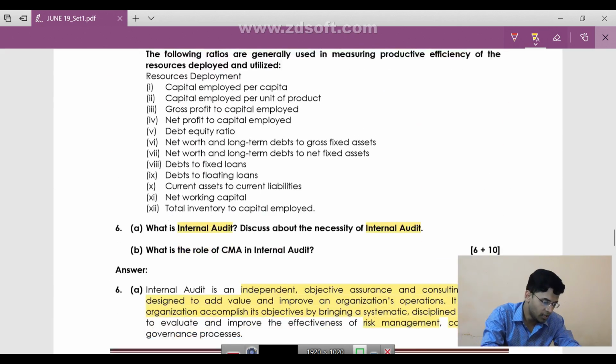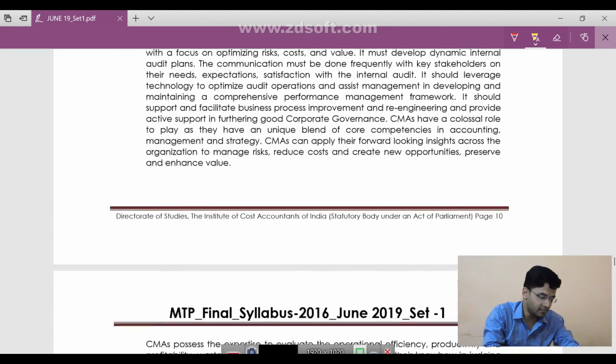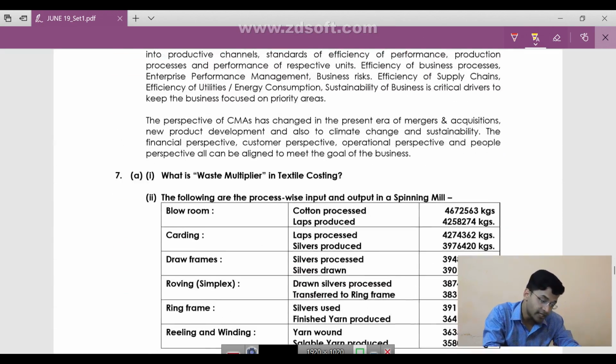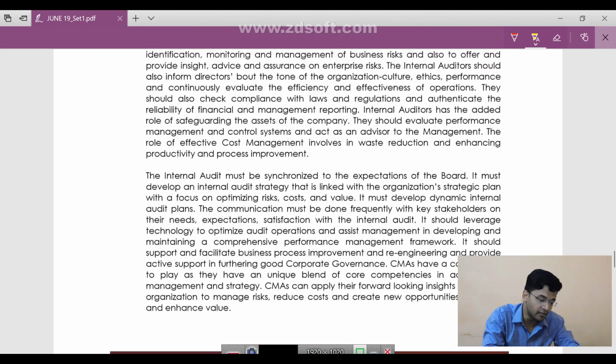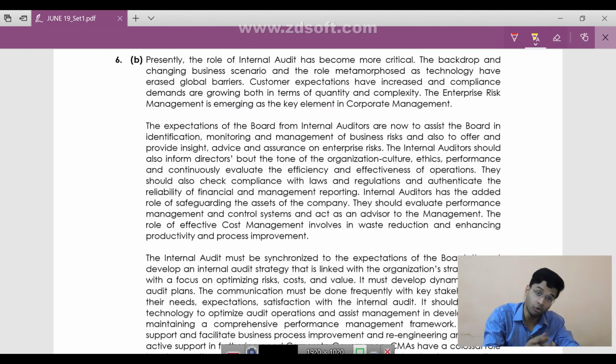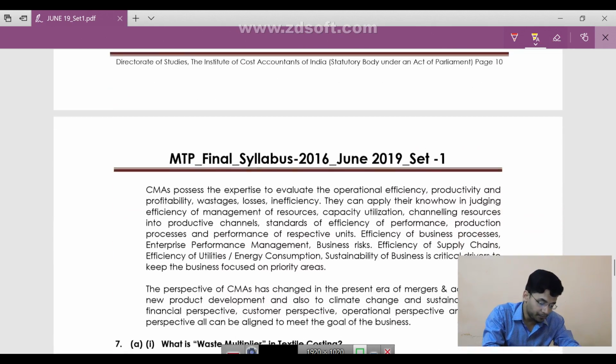Necessity of internal audit, this of course you can do well. Role of CMA in internal audit, guys, as we have studied, the law itself now states that the CMAs can do internal audit of a company. So the role of CMAs in internal audit has gained more importance than before.